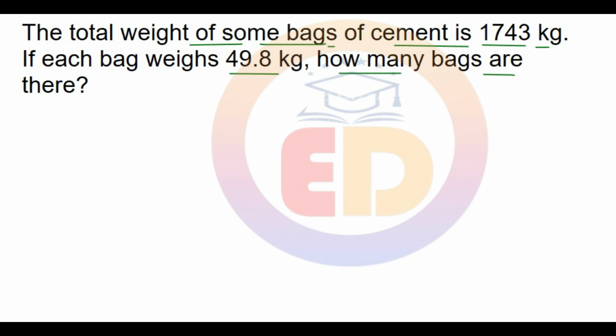It doesn't say how many, but says some bags. The weight is 1743 kg, and each bag means one bag is 49.8 kg. So here the question will be total weight of all the bags.